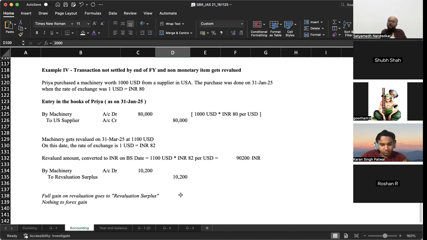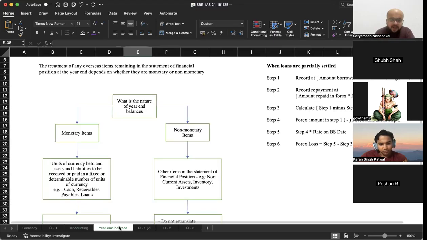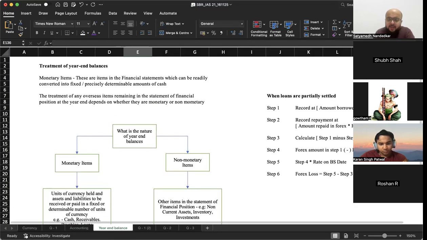Don't put anything in forex gain. If you are revaluing a piece of plant and machinery, then do not spend time splitting the gain between revaluation surplus and gain on account of foreign exchange fluctuation. The entire amount should go to your revaluation surplus only.